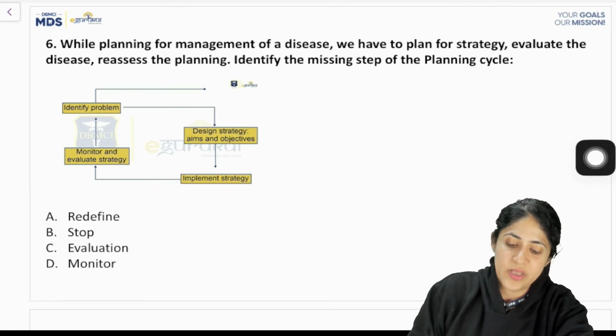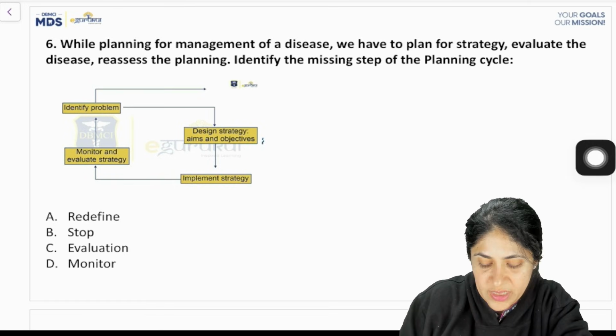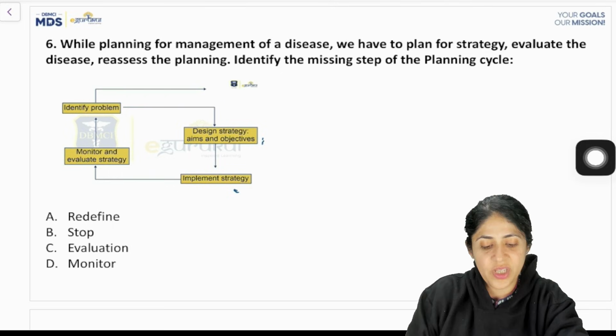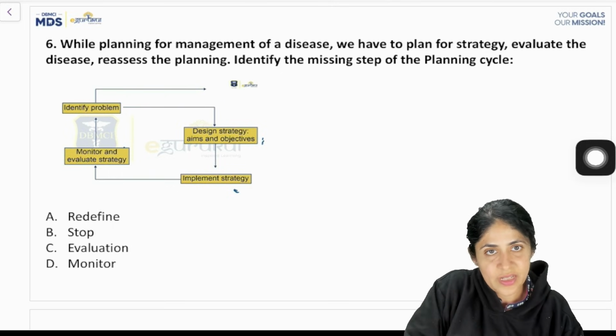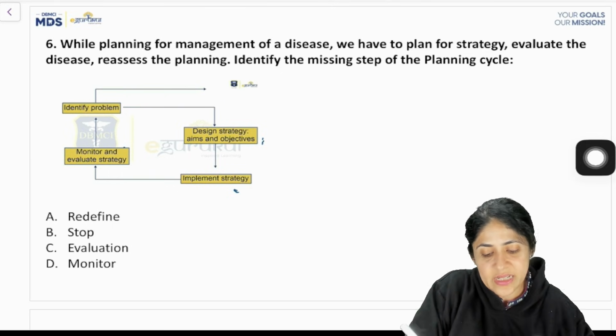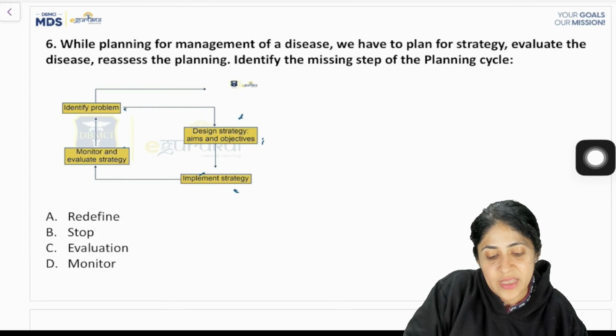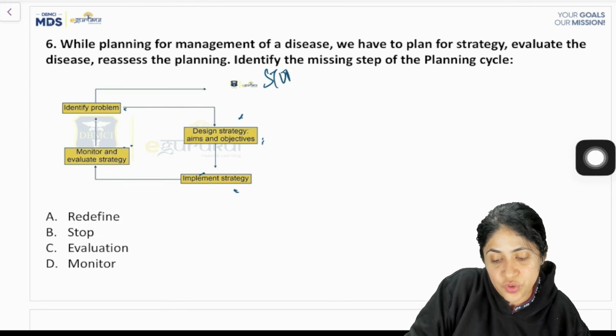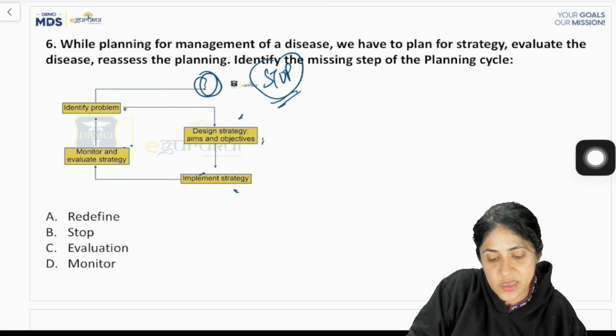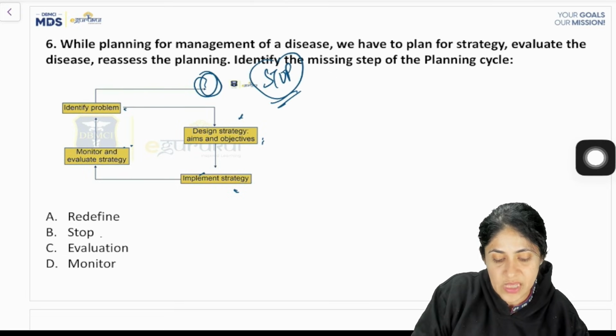First is identify the problem. Identify what the problem is, then design how you will go about it, the aims and objectives, then implement the strategy, then monitor the strategy. Then here is the step which is stop. This is the last step. So here the missing step is stop.